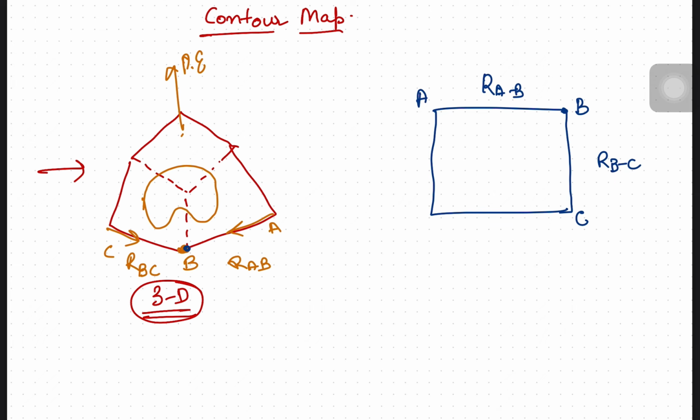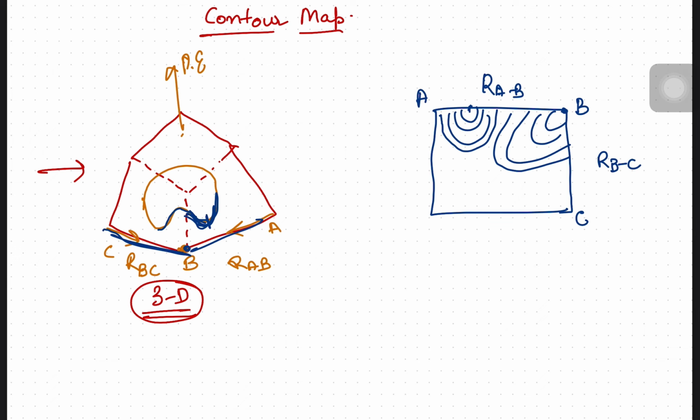Now at point B there was this dip, so we will draw it like this at point B, right? Now at point A, this point represents the dip in the potential energy. So here we will represent the dip in the potential energy, right?